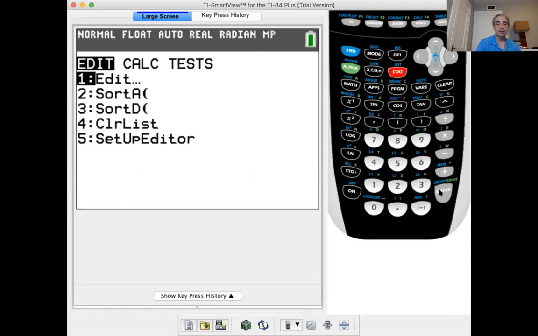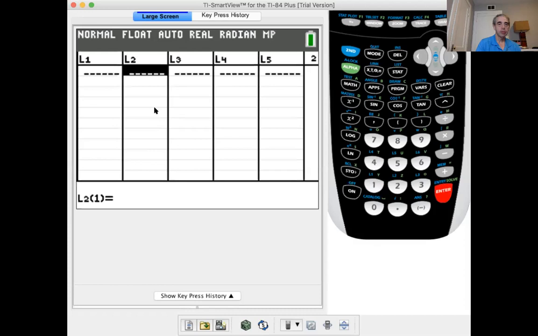Stat button here, edit, and I can put those numbers in. So I'm going to arrow over to the first spot. I have 103 wins for the Yankees, 96 for the next team, 84.